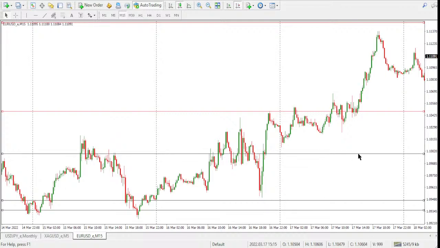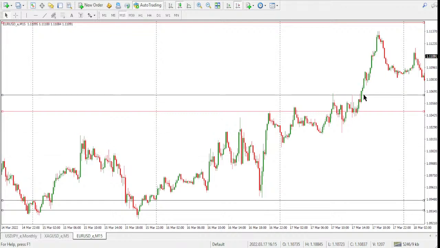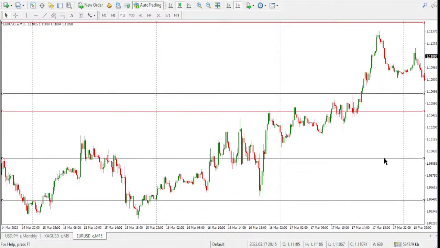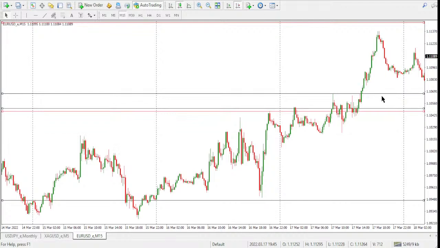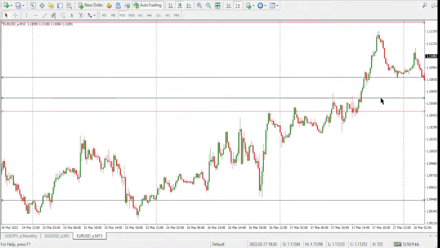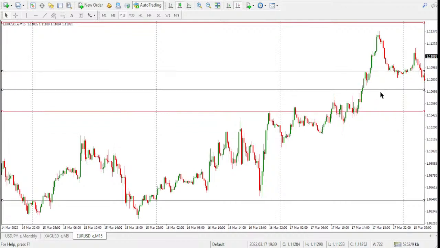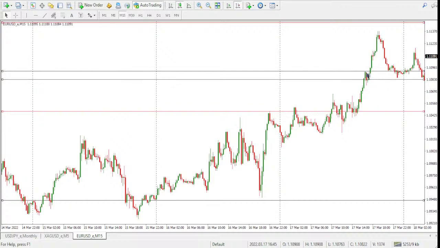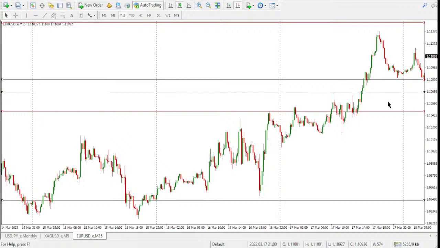So if the price just goes your way like 10 pips or 5 pips, you immediately drag your stop loss into money, and as the price continues up, you keep following it until the price comes down and touches your stop loss, then you're out of that trade with profit.